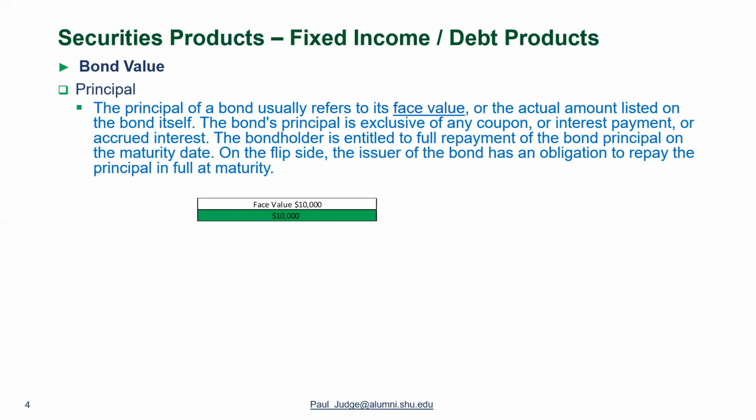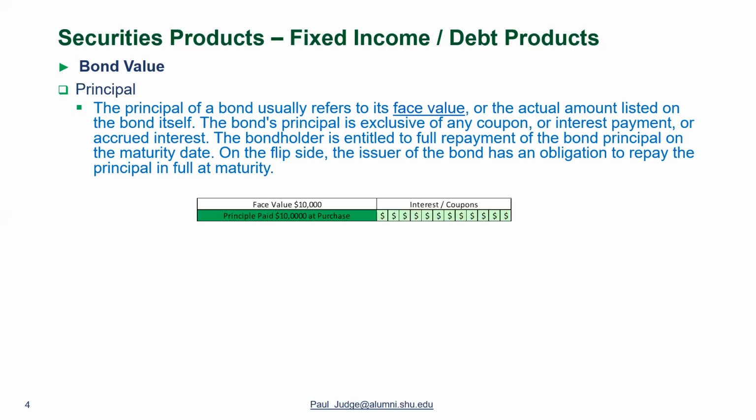Now, let's just give you the simplest example. In this case, the principal is $10,000 and the face value is $10,000. So here's a bond where the investor put up a principal of $10,000, face value is $10,000.